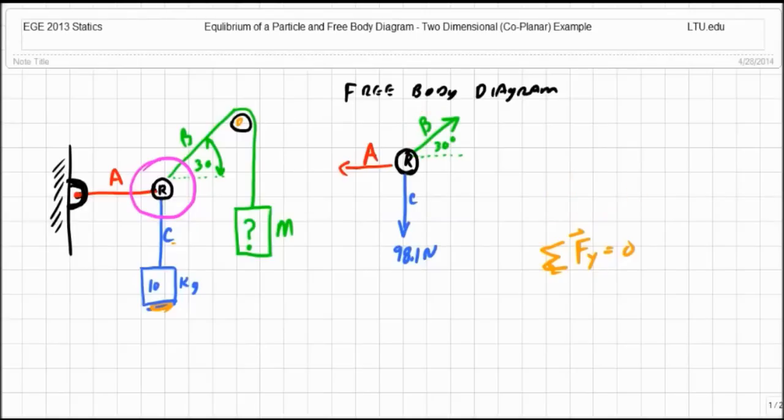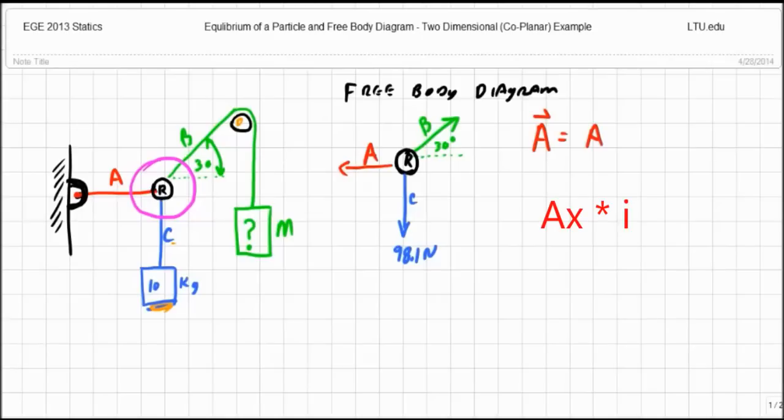Let's start by writing the equations that we know. Let's write everything we know, step 1. We'll do them in alphabetical order here. My A force vector equals A sub X, and there is no Y component.